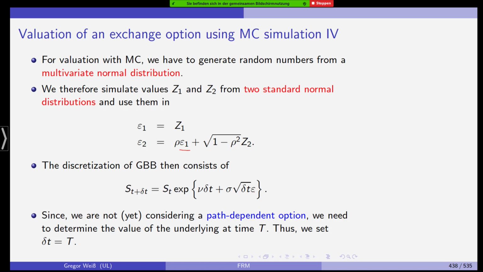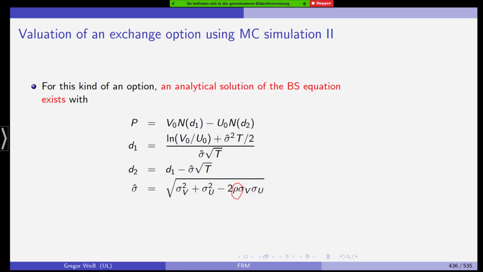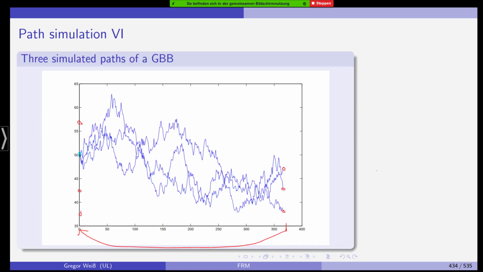Again, at this point, we are not considering a path-dependent option yet. So we need to determine the value of the underlying at maturity, at the end. So very simply, this is just similar to this case. Now we have 2 processes, and for each of these 2 underlyings, we need to simulate, let's say, 1,000 or 10,000 simulations.